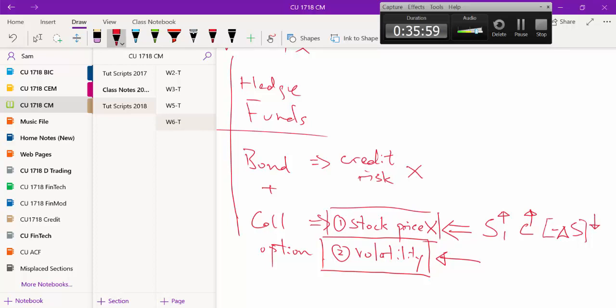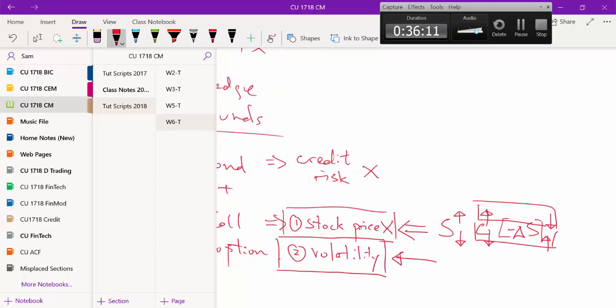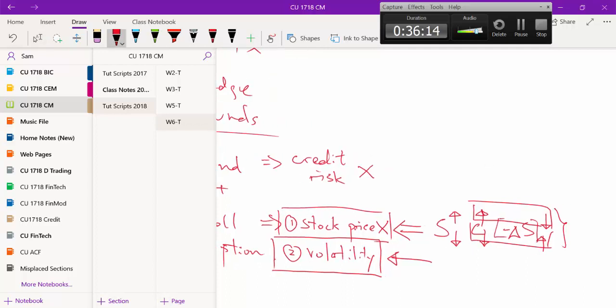And when the stock price goes down, the call price goes down, but my position will go up. So on a net basis, they want to hedge this so that they become what we call market neutral.